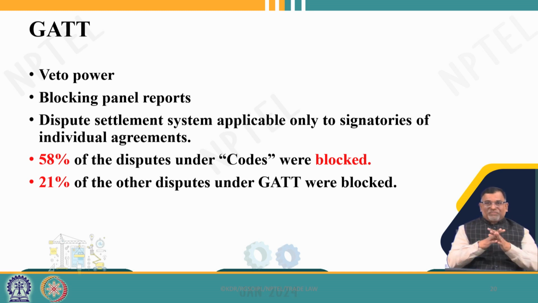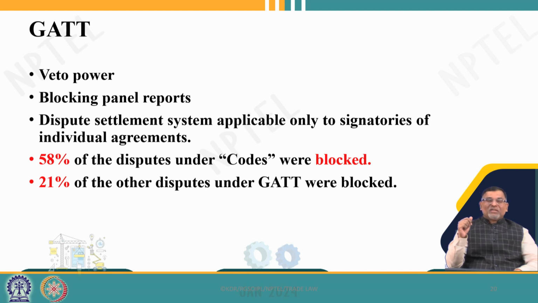and 58% of the disputes were after the Tokyo round of negotiations, under different codes like the Customs Valuation Code, Anti-Dumping Code, and other codes. So it simply says that only 21% were under the GATT, and 58% of the disputes were under the post Tokyo round.